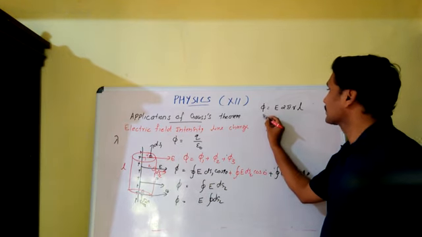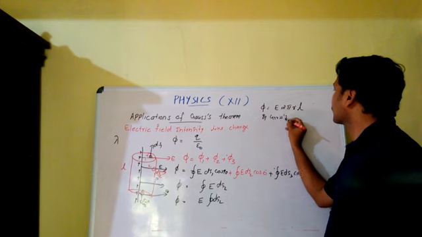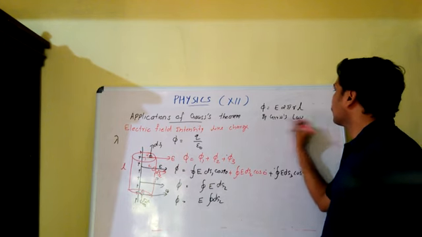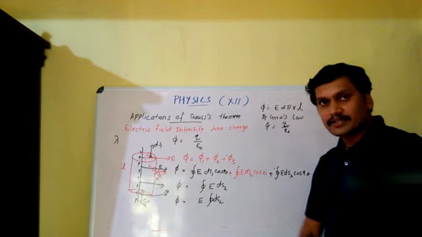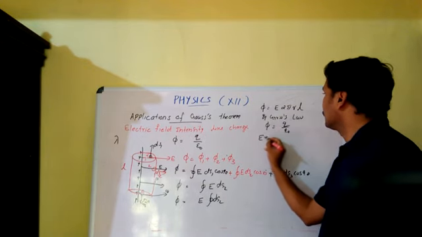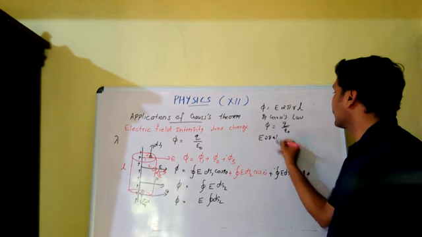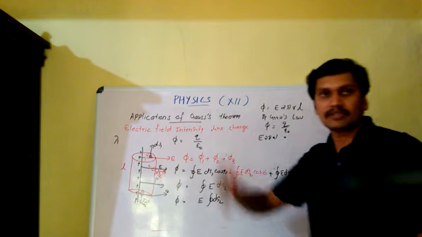Now use Gauss's theorem. By Gauss's law, flux is equal to Q by epsilon 0. So E into 2 pi r L is equal to Q by epsilon 0. What is Q inside this Gaussian surface?